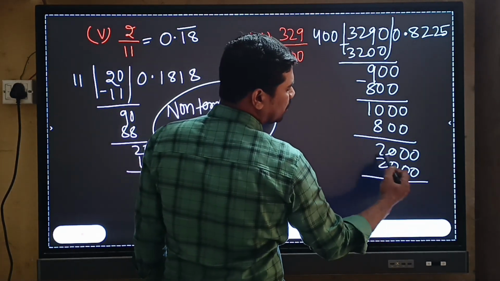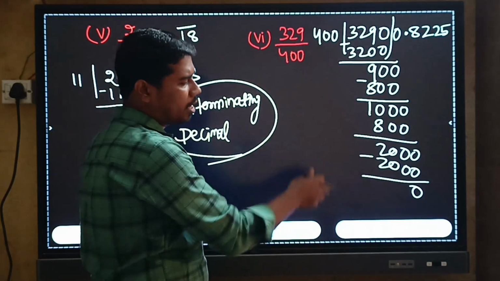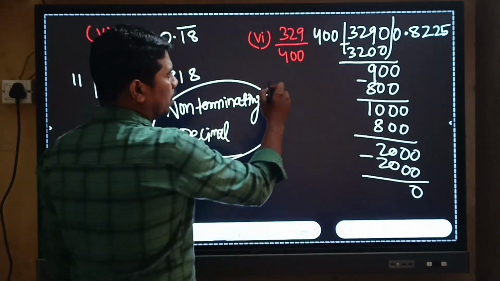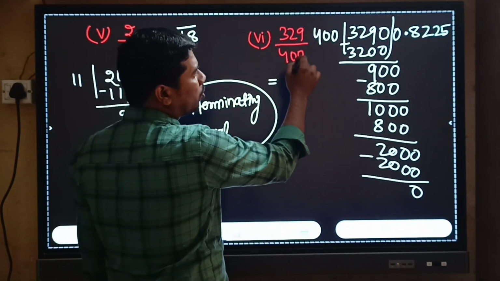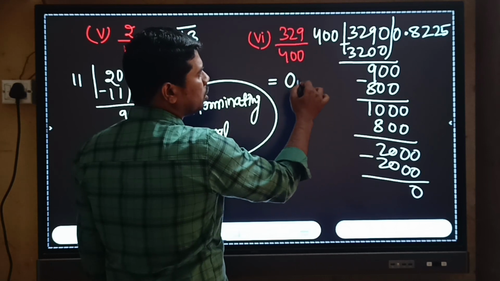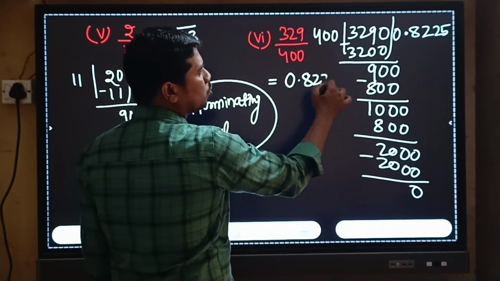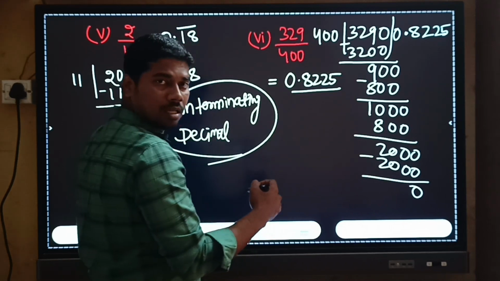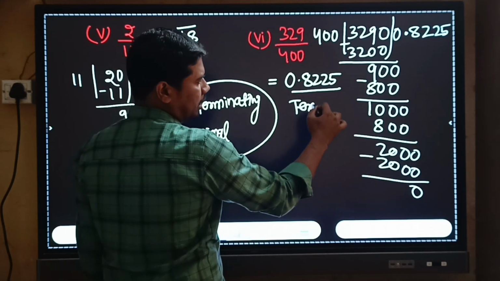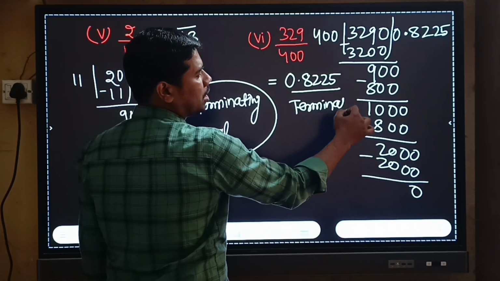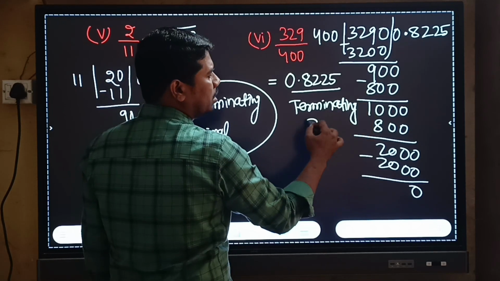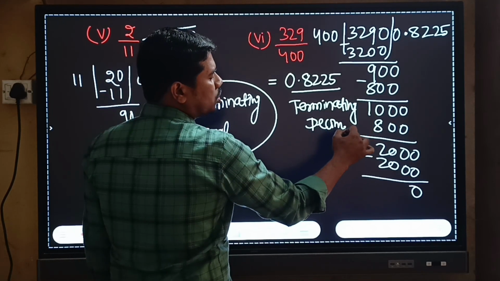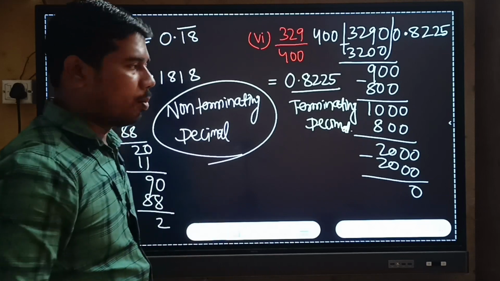Now if you subtract, the result becomes 0. So we observe that the answer of 329 by 400 is 0.8225. So it is finished. That means it is a terminating decimal. So this one is question number 1.